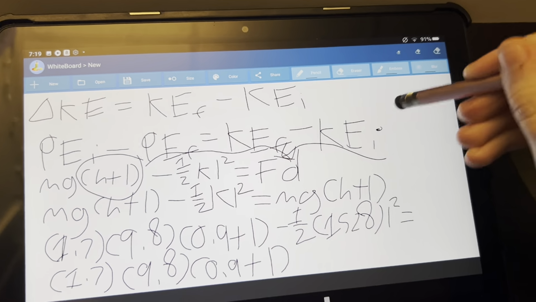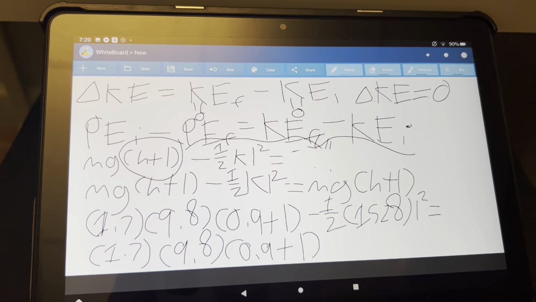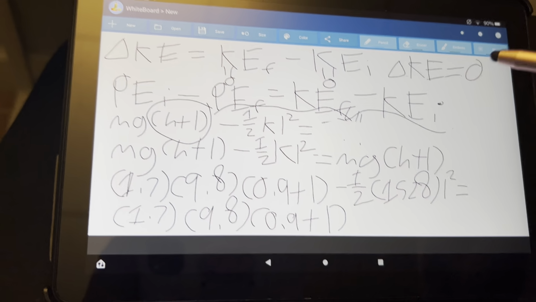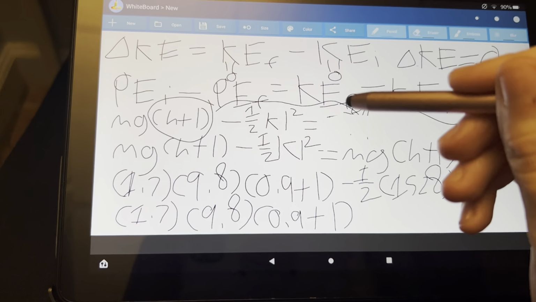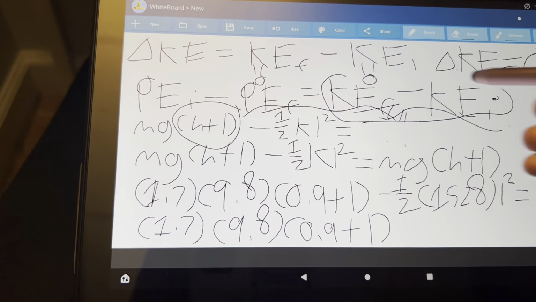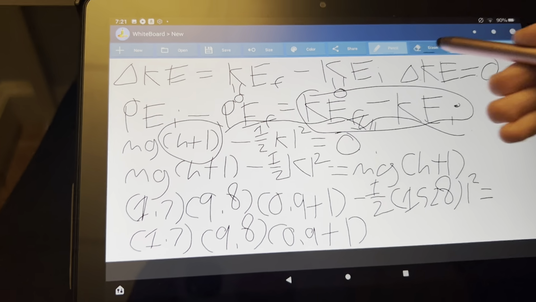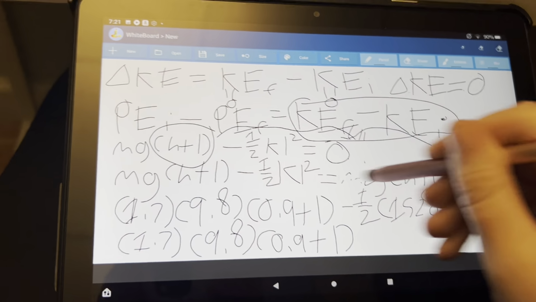Either way, these are both 0, which means the change in kinetic energy is 0, so we can simplify this whole thing down to 0.